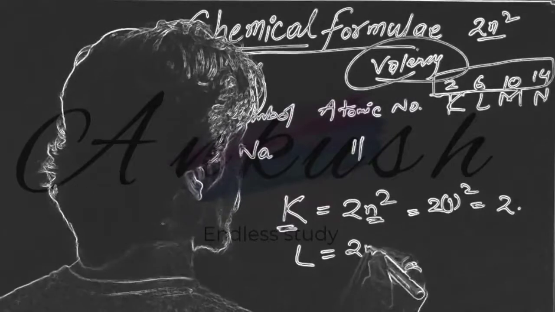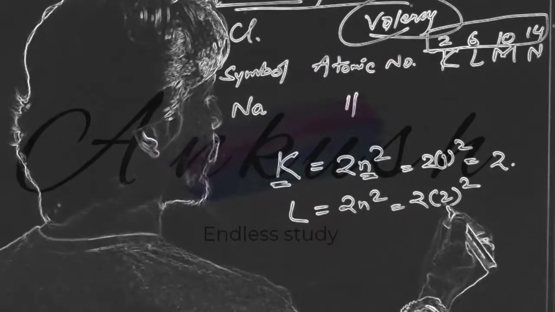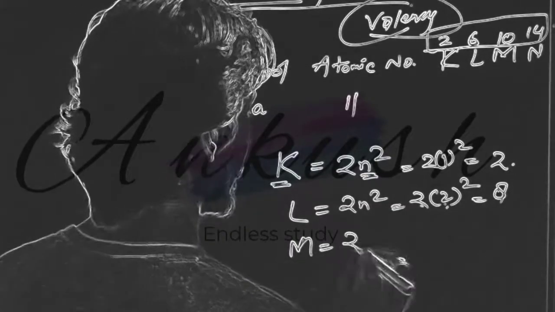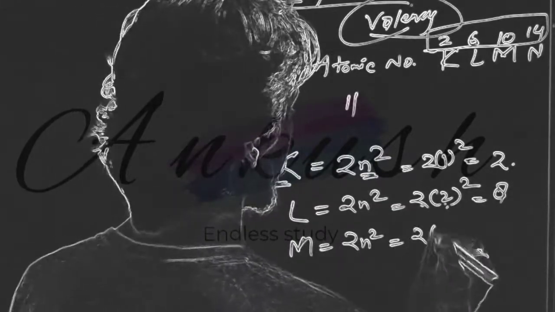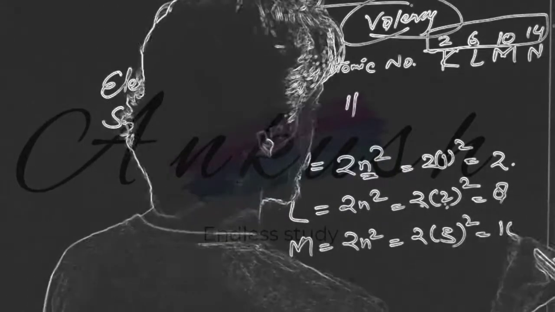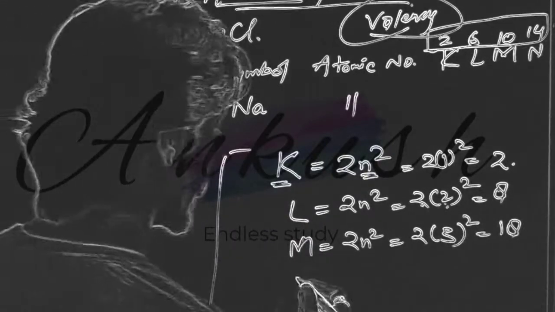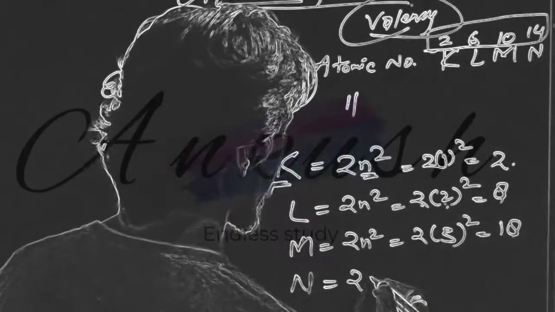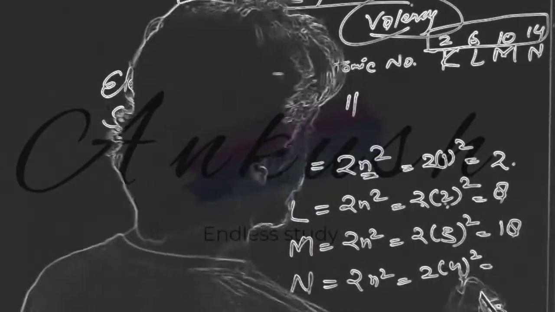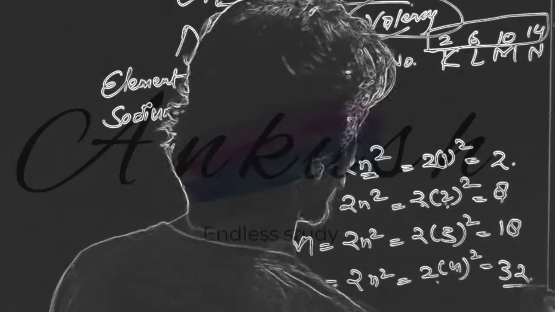For L, 2n square, that is 2 into 2 square, 4, 4 into 2, 8. For M, 2 into 3 square, 3 square is 9, 9 times 2, 18. For N, 2 into 4 square, 4 square is 16, 16 times 2, 32.